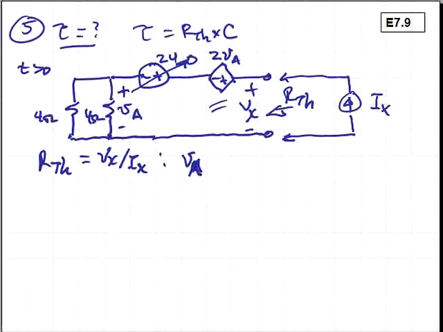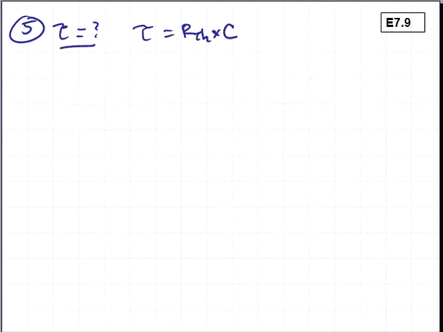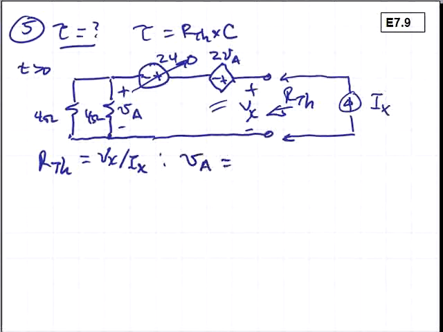V sub A will equal 4 ohms in parallel with 4 ohms times our test current I sub x, which flows around that loop.